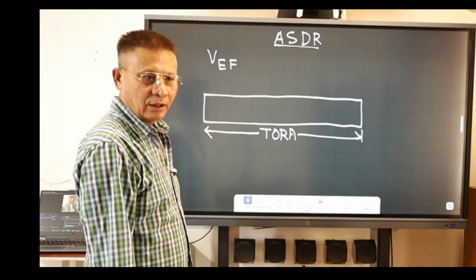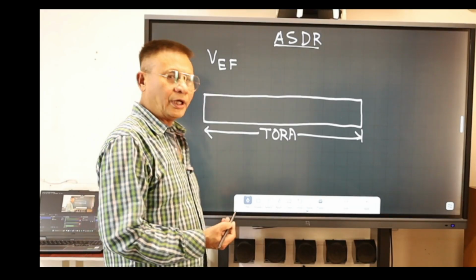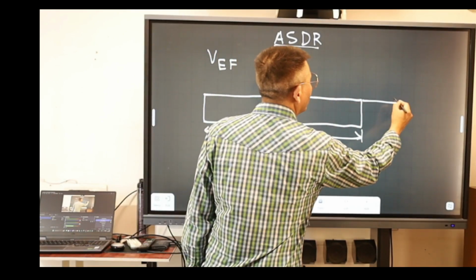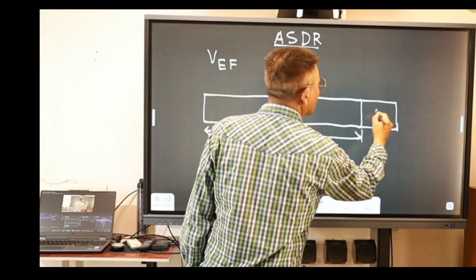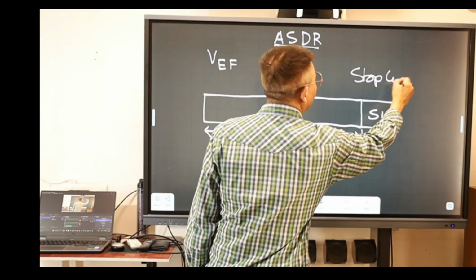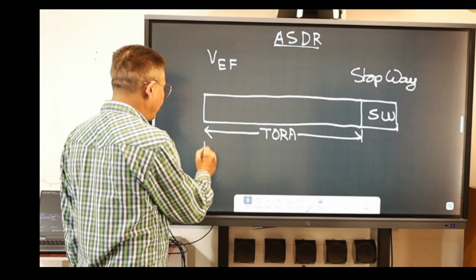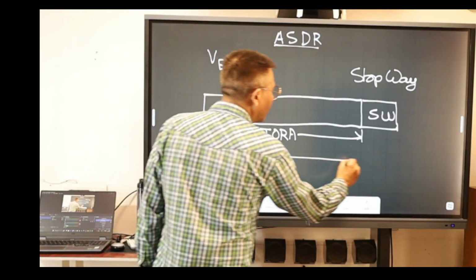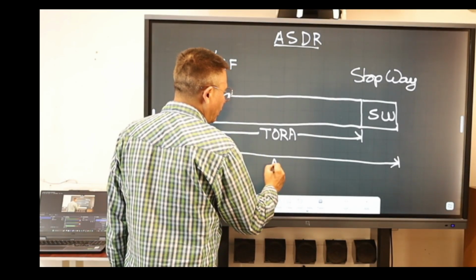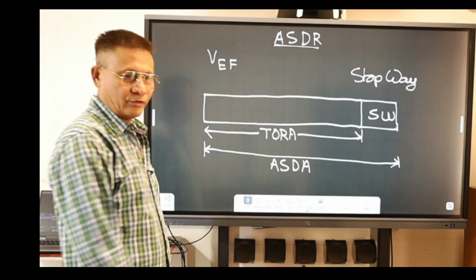If you have a specially prepared surface which can be used in case of a reject takeoff, that place is what we call a stopway. Now the total length from the beginning of the runway till the end of this stopway is what we call the acceleration stop distance available, or ASDA.